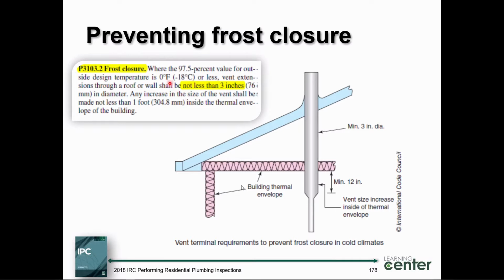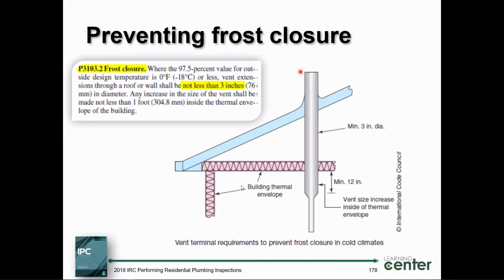Where our design temperature is 0 degrees Fahrenheit or less, we need to make sure that we size the pipe, right? So say my vent pipe that I sized according to the code only had to be 1.5 inches. We need to increase this pipe as it goes through the roof in cold areas of our country to prevent frost closure.